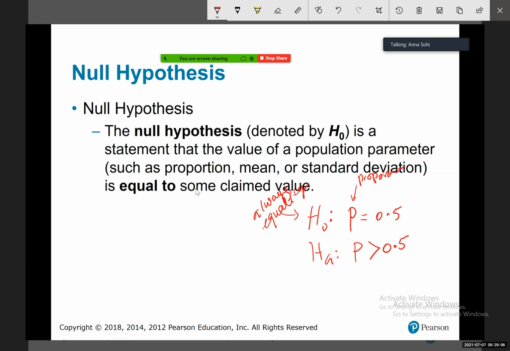So null is always equality, proportion equality, and then alternative is proportion. And in this case, they said majority means more than half, so greater than 0.5.